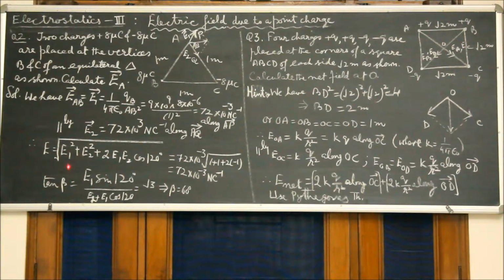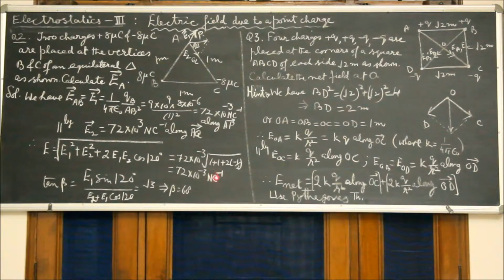As numerical values of E1 and E2 are same, you can take this as common, which leads you to 72 into 10 to the power minus 3, 1 plus 1 plus 2 into cos 120, which is minus half, giving you 72 into 10 to the power minus 3 Newton per coulomb.